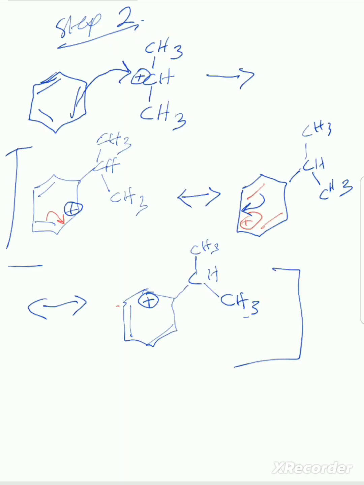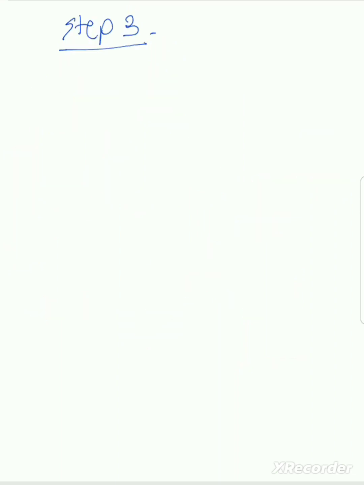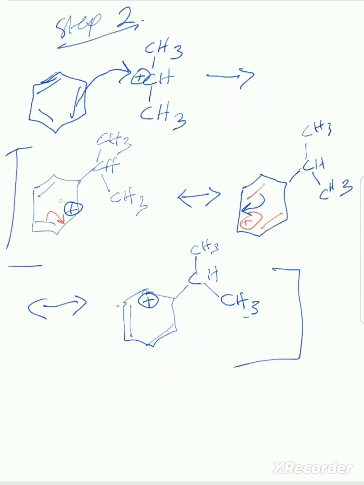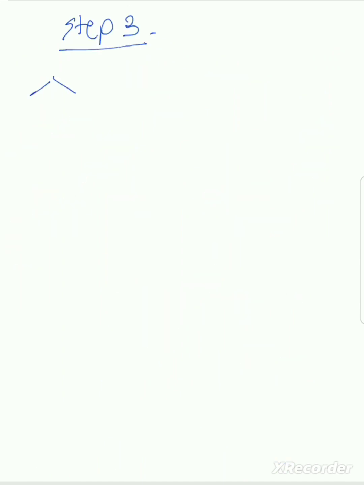Here this is not aromatic, it's a non-aromatic carbocation. Let's try to restore benzene. Let's look at the one that we started with, which is the same as this. Okay, good. So we're going to get the one which is on the first one here, which is like this.